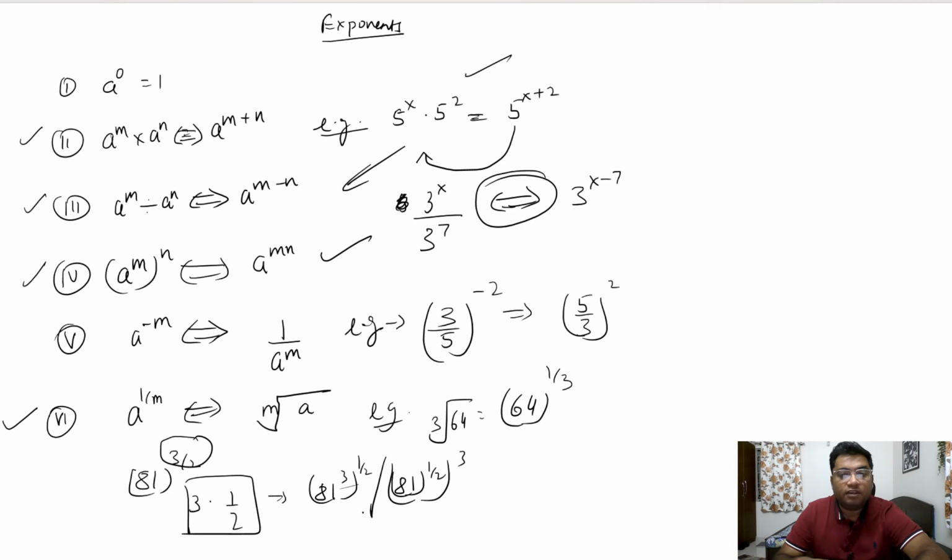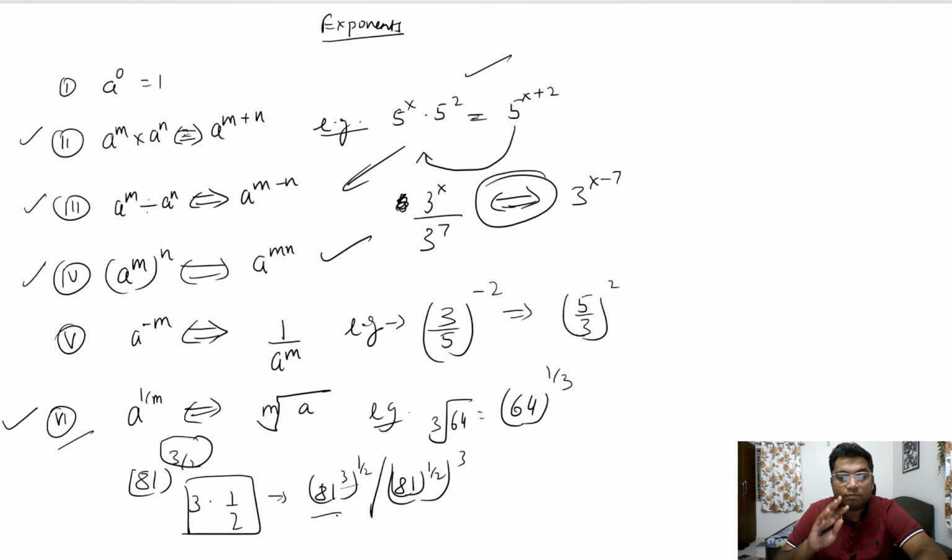Now you have to ask yourself, if you look at the law number 6, if I wanted 81 to the power 1 by 2, would that help me better? Or if I had 81 to the power 3 and then to the power 1 by 2, that's going to help me better? I don't think so. Because 81 to the power 1 by 2 also means that you're supposed to find the square root of 81. And square root of 81 is pretty much possible.